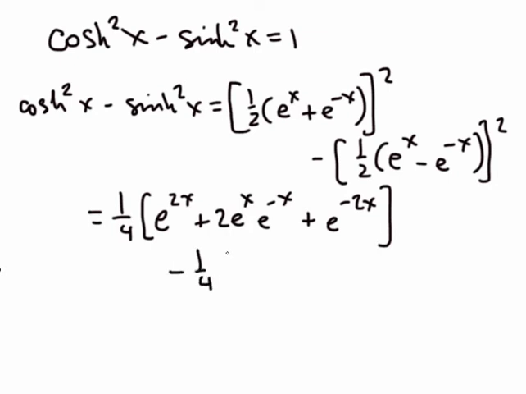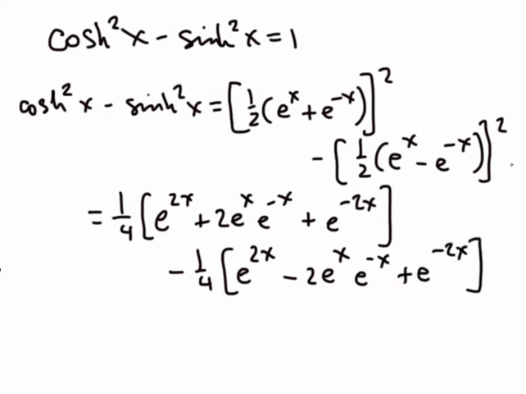And then minus, when I square this out, again that half squared becomes a 4th. And I've got e to the x times e to the x is e to the 2x. But the difference here is I get a minus the middle terms. But this term right here when I square ends up giving me e to the minus x times e to the minus x is e to the minus 2x.